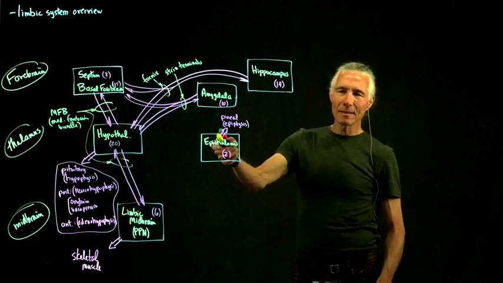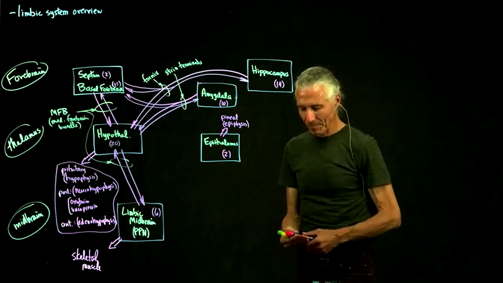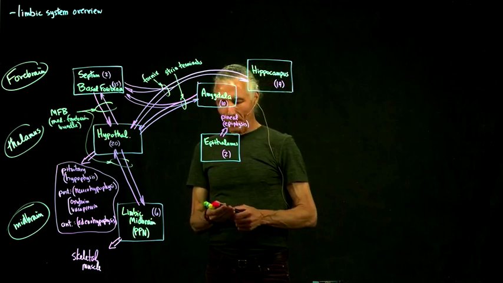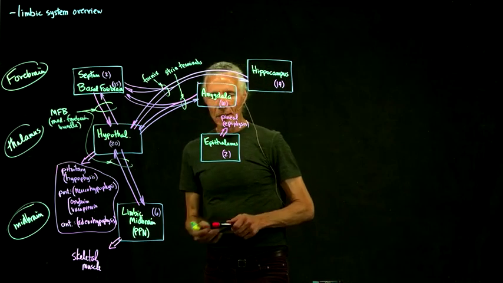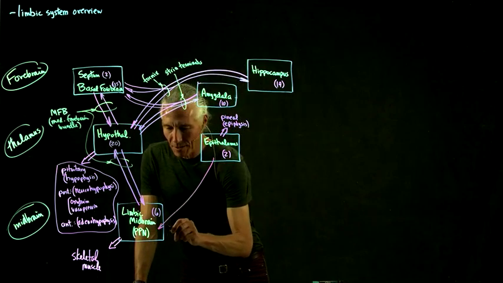But this system is still heavily involved in day-night cycling. You can see big bundles running up and down from this structure. You can see it in a turtle, and you can see it in a human.